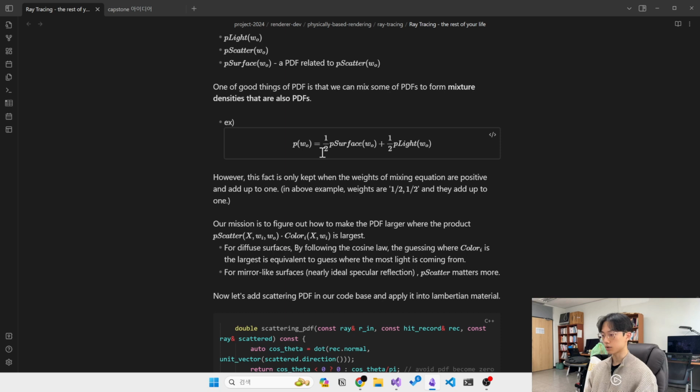And this is also a PDF. But this fact only holds when the weights, in this case 1/2 each, are positive and add up to 1. Then the result can be a PDF.